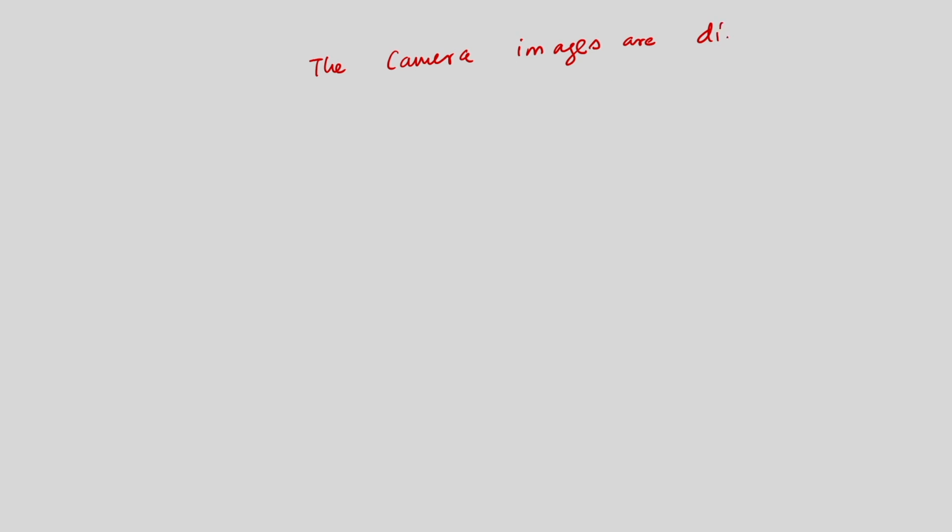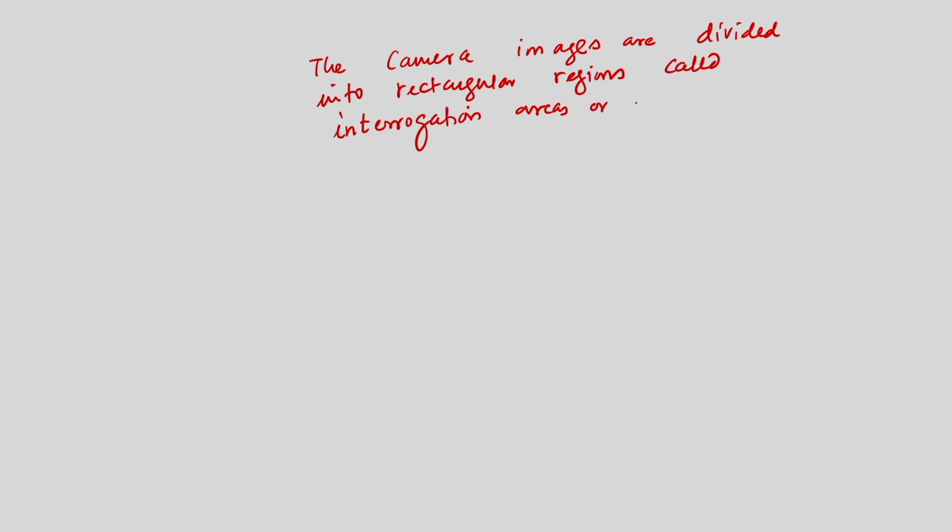The camera images are divided into rectangular regions called interrogation areas, or interrogation windows, or interrogation zones.